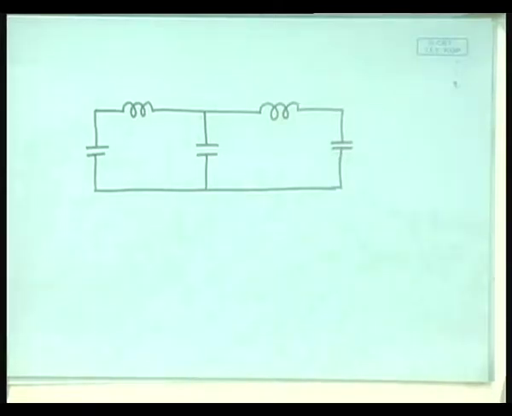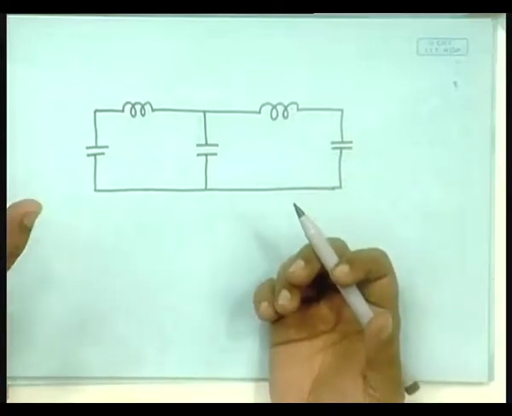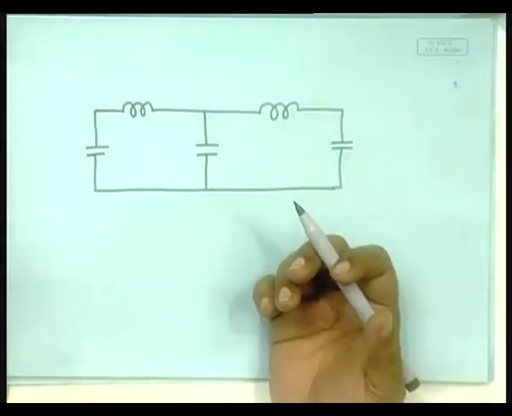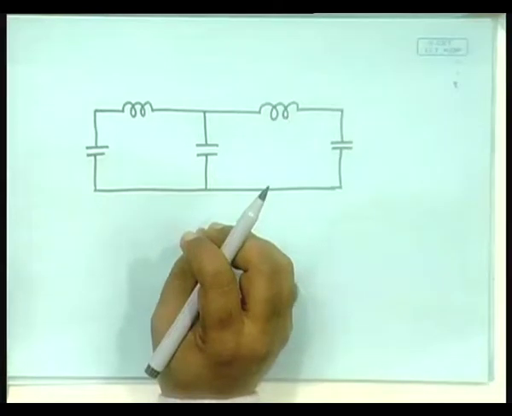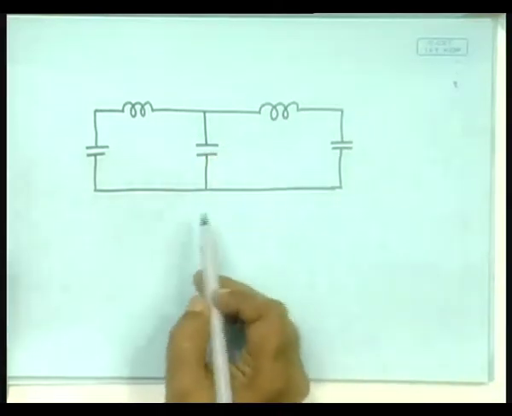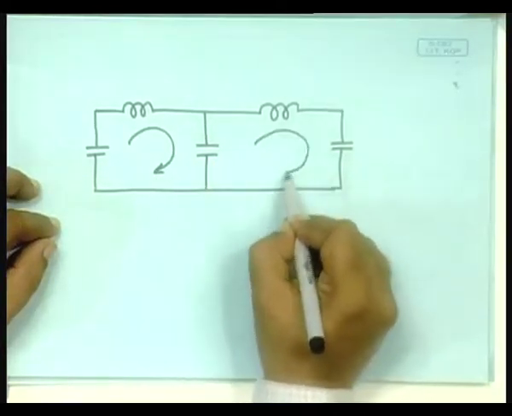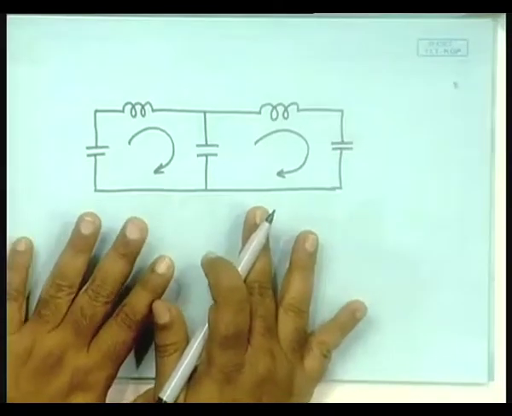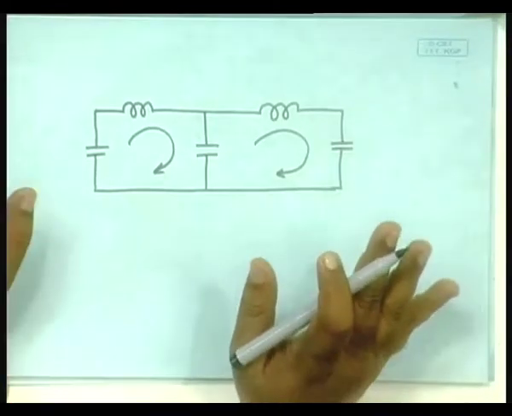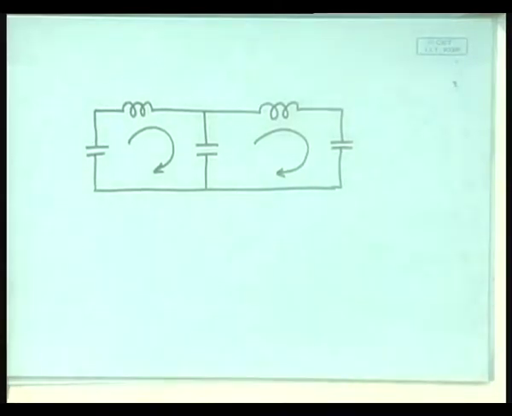Now, anything could be taken as the minimum number, but from your first year knowledge of electrical circuits course, you probably have learnt that one simple possible solution to this problem is simply to consider the charges flowing in the loops, like so. At least it is guaranteed that there would be the minimum number of independent coordinates. That is what actually matters for us.